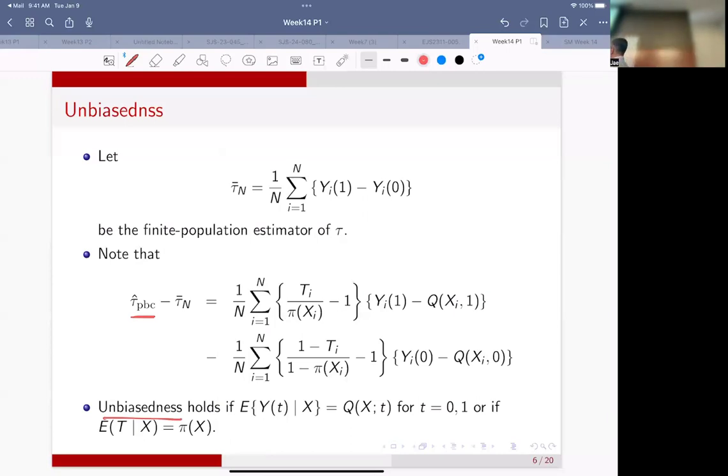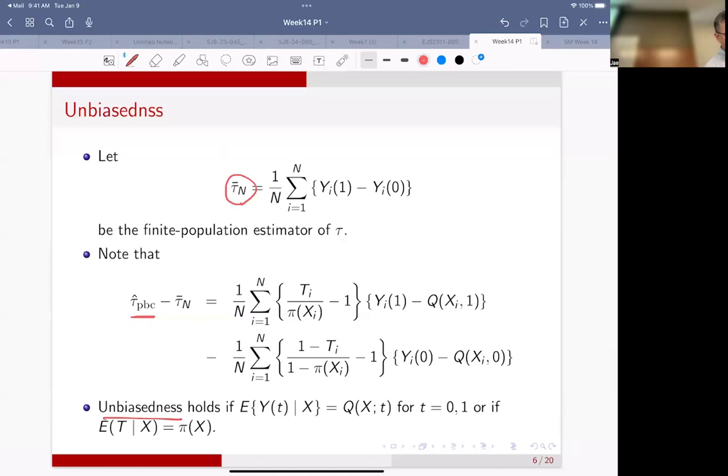What that means: let's consider tau bar n, the finite population estimator. This is not really an estimator, because it is built on potential outcomes, and you never really observe the potential outcomes in practice.